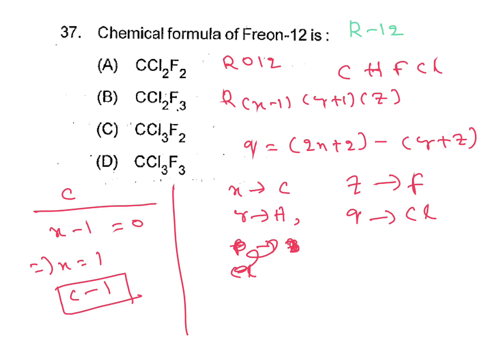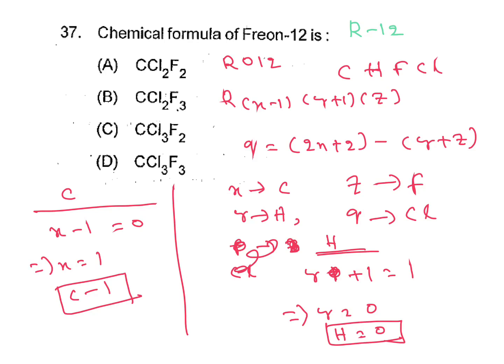Y plus 1 for hydrogen we will calculate: y plus 1 equal to 1, so y equal to 0, so H equal to 0. Then we will calculate for fluorine. In this question Z equal to 2, so fluorine is 2. Carbon 1, hydrogen 0, fluorine 2.